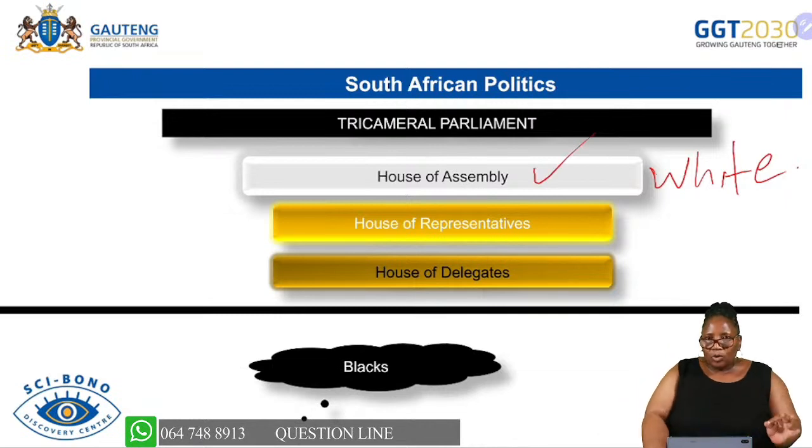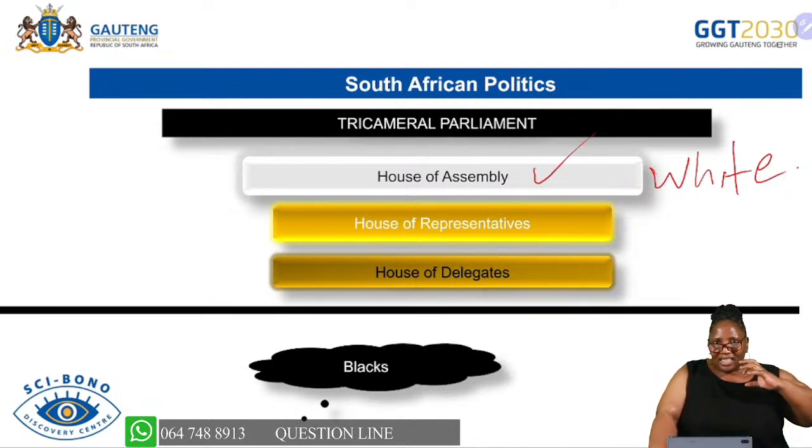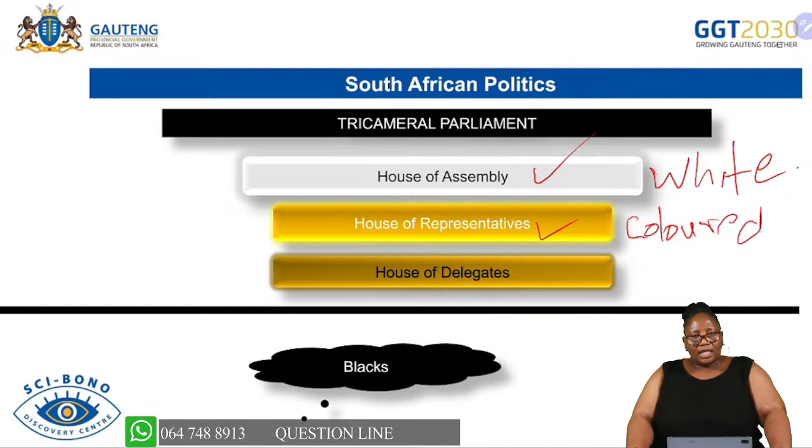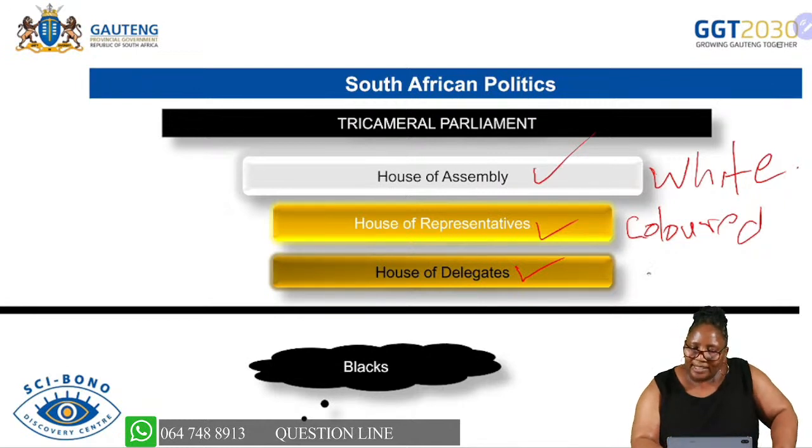One house is the House of Assembly, where the majority were white, and they had the voting power. Legal power was given to colored people, and they were given what we call a House of Representatives. Then lastly, the Indians were in charge of House number 3, which is the House of Delegates. So we have the Indians there.